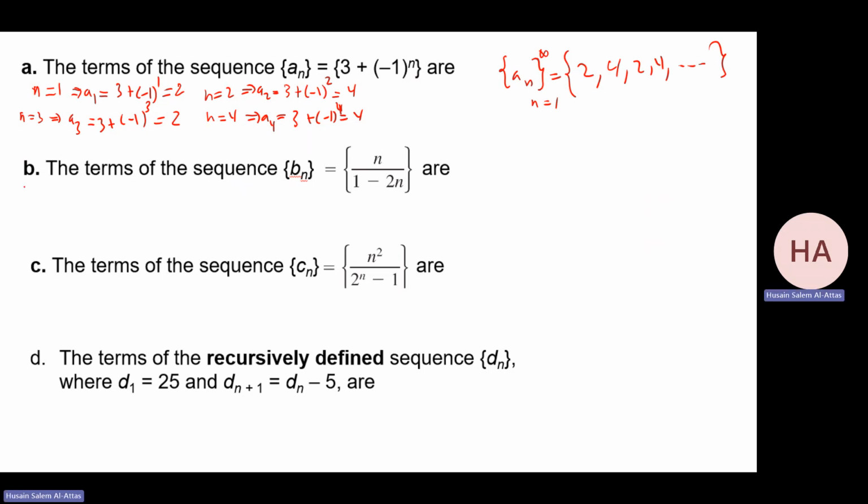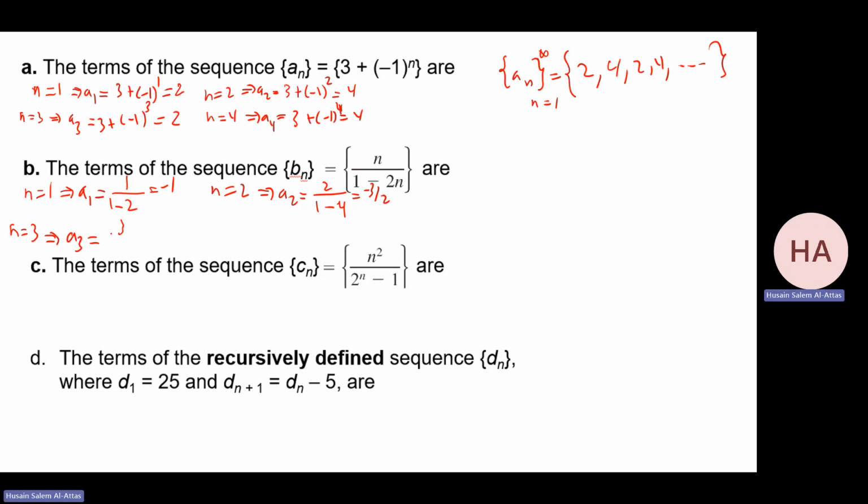Look at this one. N equals 1. What will be a1? It will be 1 over 1 minus 2, that will be minus 1. N equals 2, what will be a2? It will be 2 over 1 minus 4, that will be minus 2 over 3. N equals 3, what will be a3?